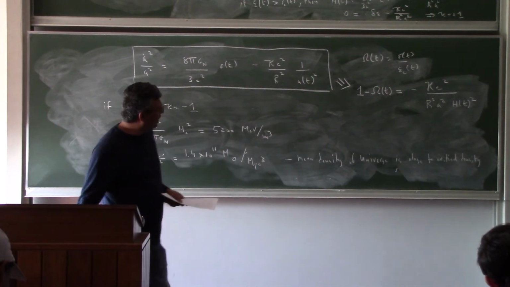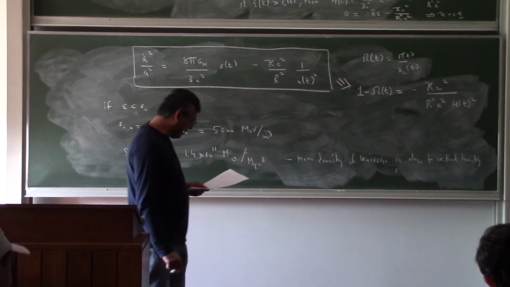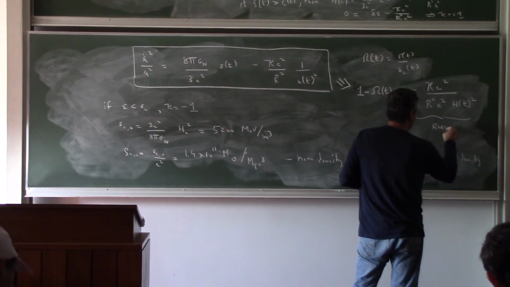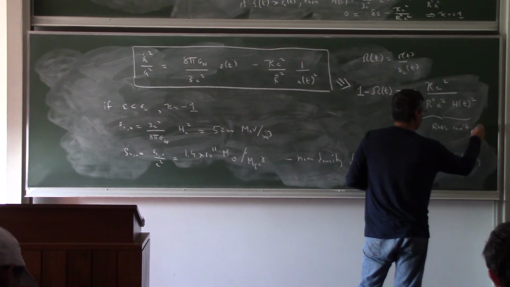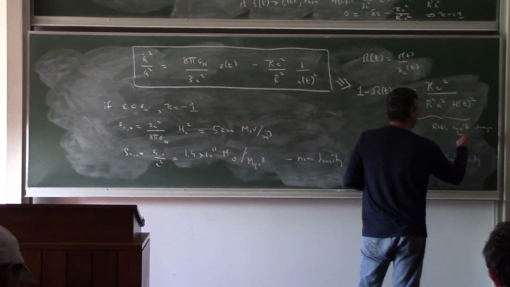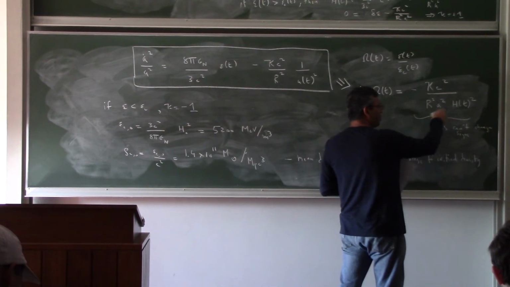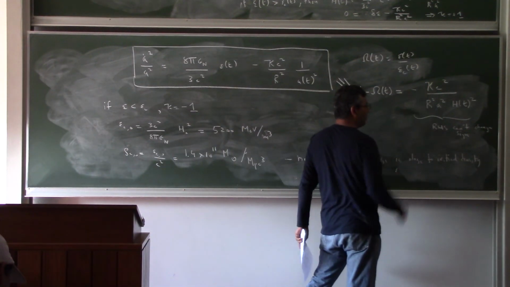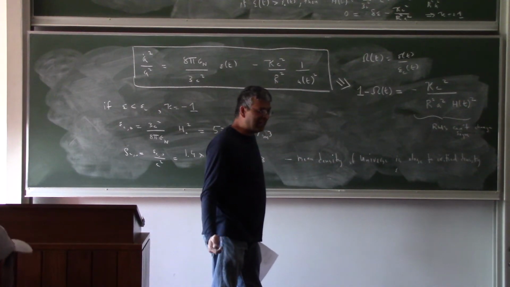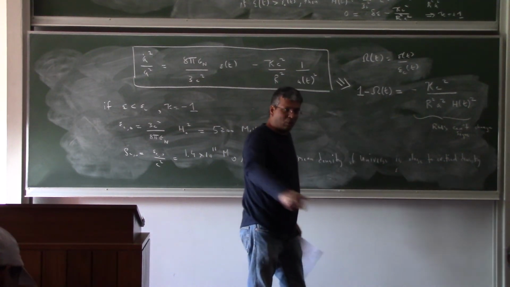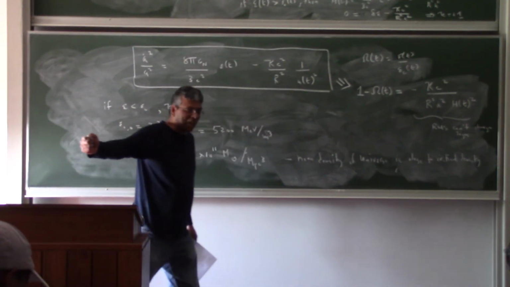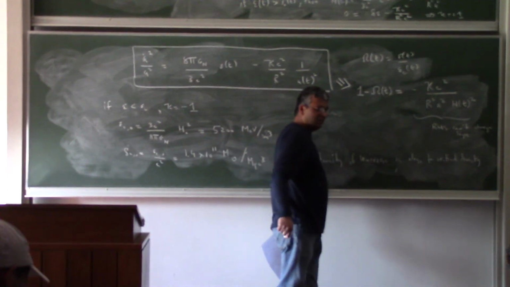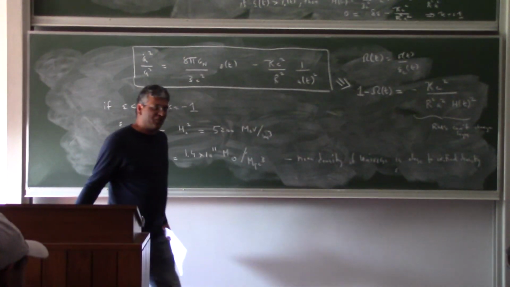The thing to notice here is that the right-hand side can't change sign. A squared is positive, r squared is positive, H of t squared is positive. So if kappa turns out to be negative initially, the sign stays negative throughout the history of the universe. This tells us that 1 minus omega of t also has a sign that can't change.